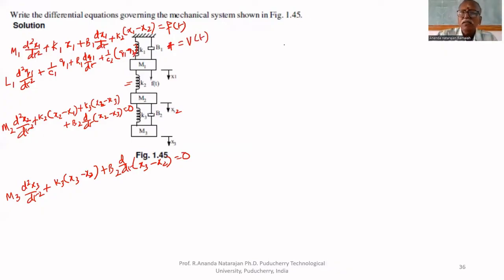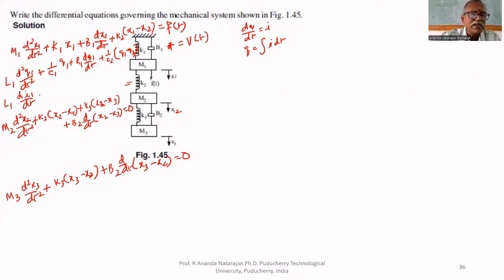Now we know that dq by dt equal to I and q equal to integral of I dt. So if you replace this in terms of I, what you will get? L1 dI1 by dt, because one derivative reduced. Because dq by dt equal to I, if you differentiate once again, you will get di by dt equal to d square q by dt square.